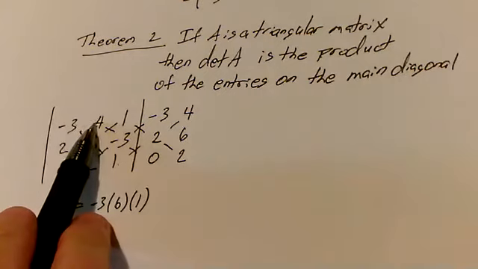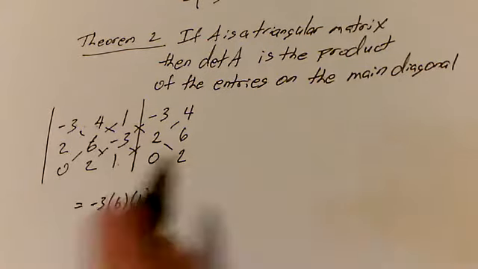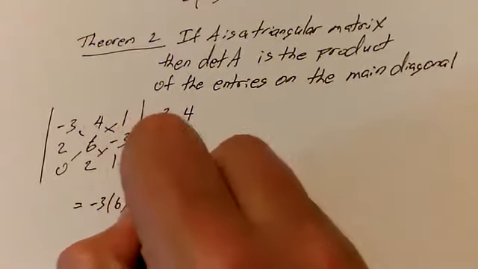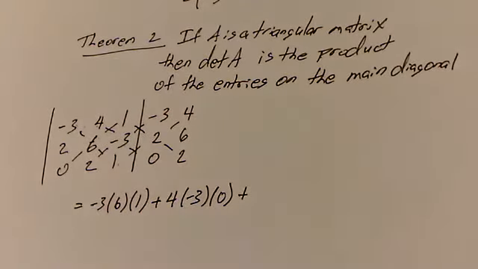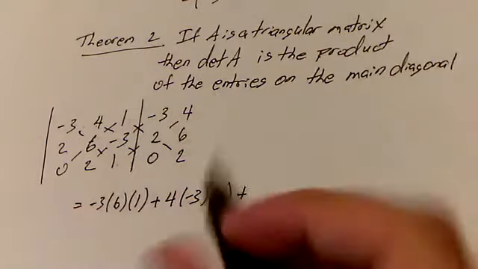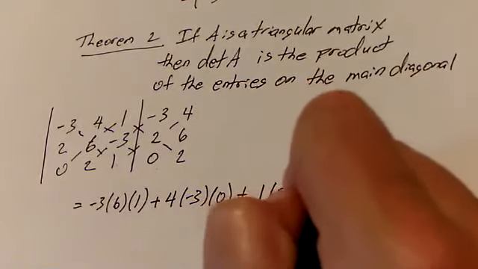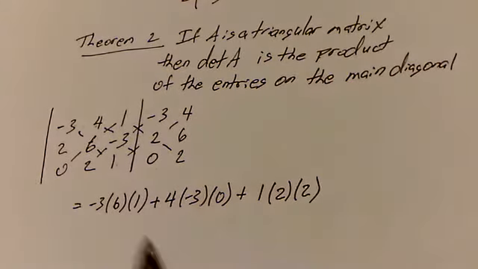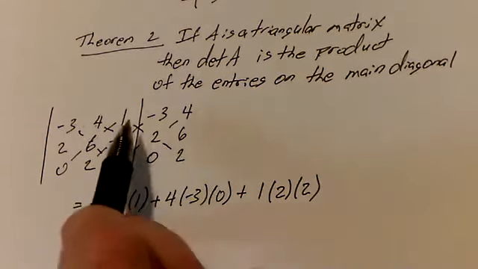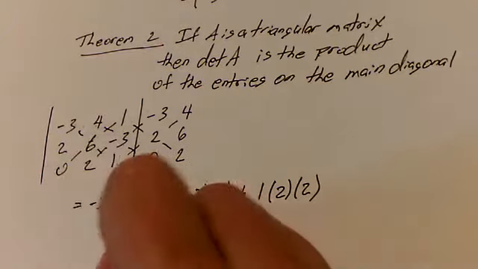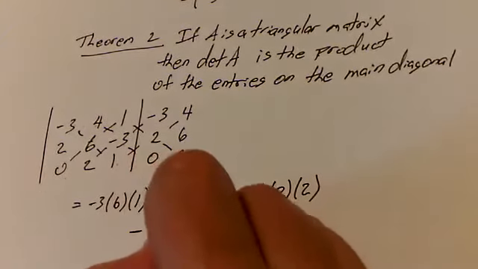Second column, second position here, 4, -3, 0. Plus again, 1, 2, and 2. Those were the main diagonals. Now I'm going to subtract going the other direction. So 1, 6, 0.